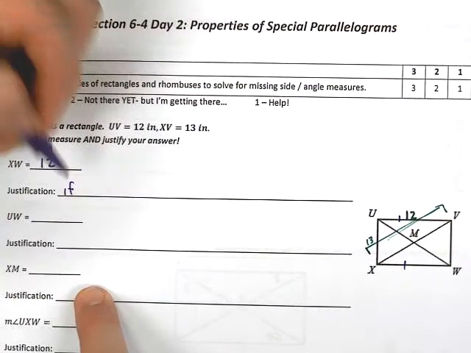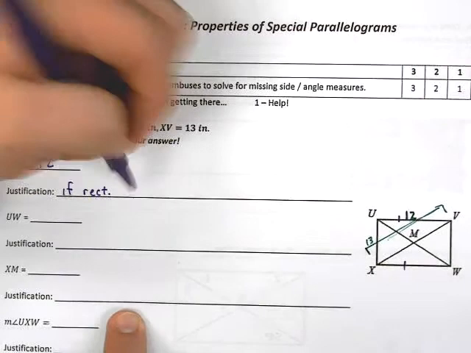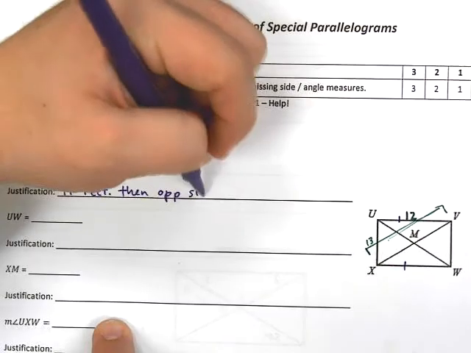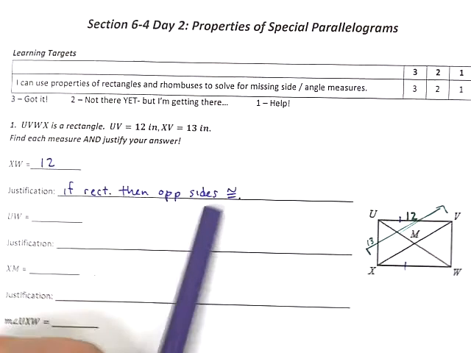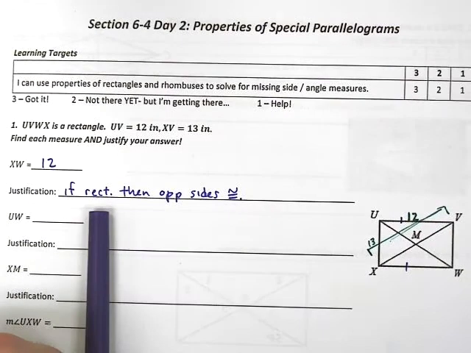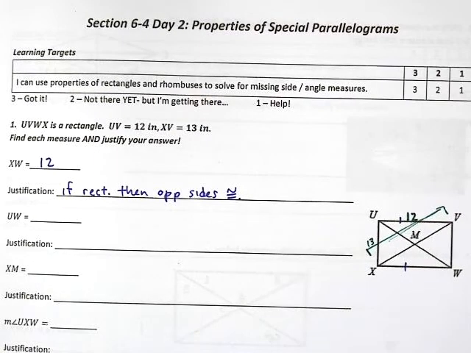Because if rectangle, then opposite sides congruent. Now I know this is a property of parallelograms, but I need you to remember that a rectangle already has to be a parallelogram. Okay? So any property that was good for parallelograms is also good for rectangles.